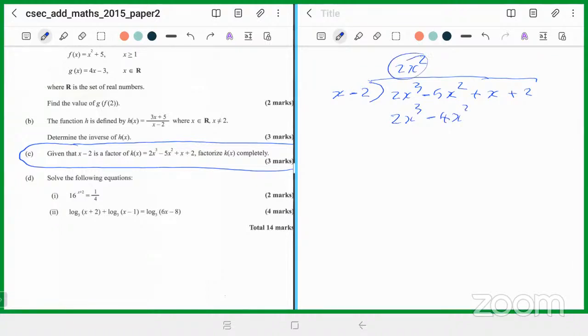That's this times this. And then I'm subtracting, so this minus makes it a plus. So this is really like 4x squared minus 5x squared. 4 minus 5 is negative 1. So it's a negative 1x squared. I don't need to put the 1. It's just a negative x squared.